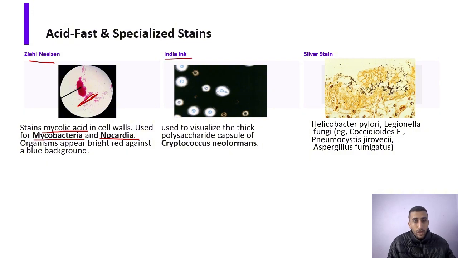Another stain that is also highly tested is the India ink stain. You have to memorize that this is the stain for Cryptococcus neoformans. It is kind of a counterstain because you are staining the whole background, and the thick polysaccharide capsule in Cryptococcus neoformans resists the stain, leaving a clear halo against a dark background.